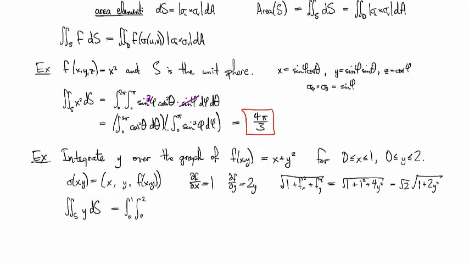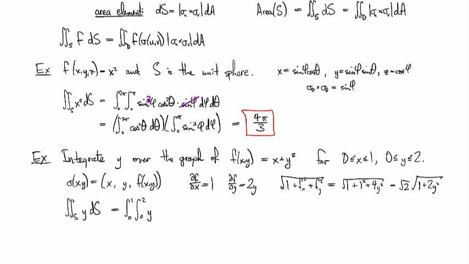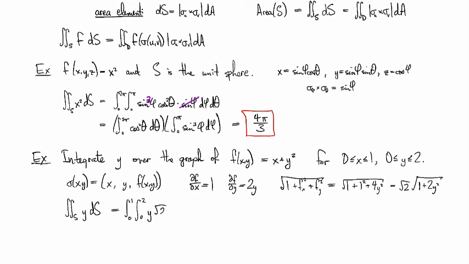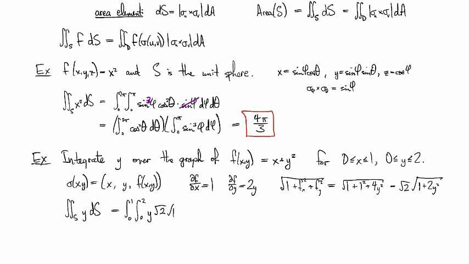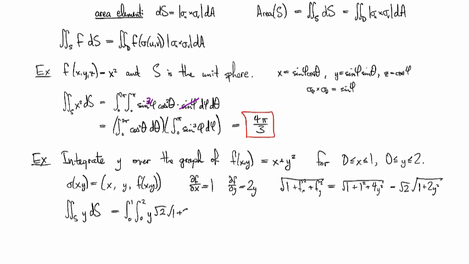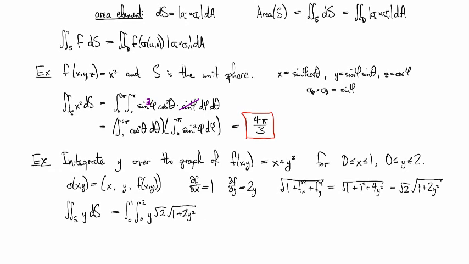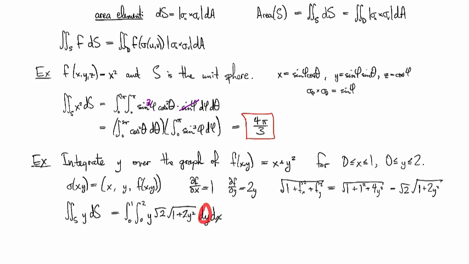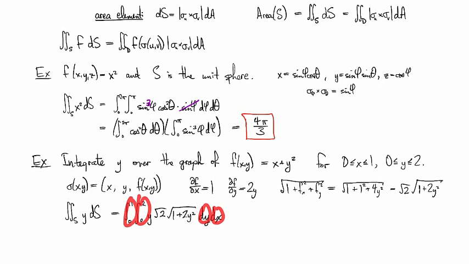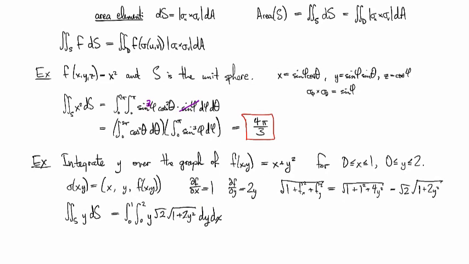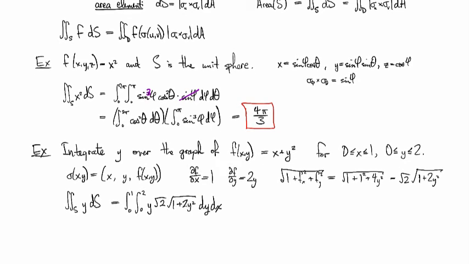I'm doing the dy integration first, and we've got our integrand of y, and then our area element, root 2 times the square root of 1 plus 2y squared. We're doing dy first and then dx because we want the y's to match with 0 to 2 and the x to match with 0 to 1. At this point, it's more or less straightforward and ready to go.